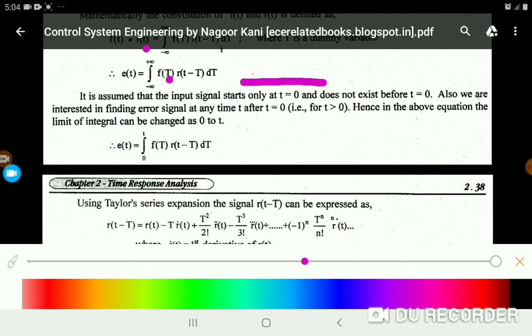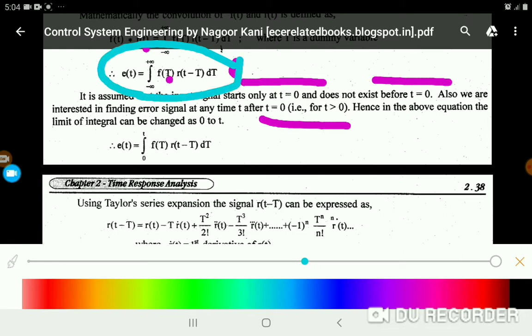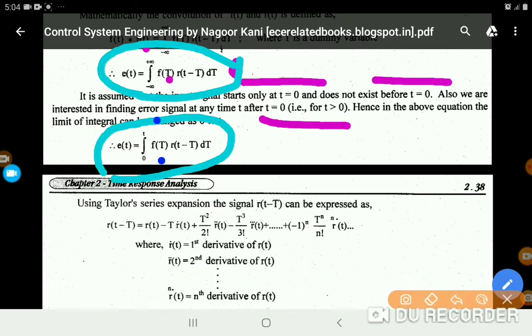It does not exist before 0, not a negative value. Also we are finding the error signal with time greater than 0. By considering these assumptions, our previous expression can be changed to E of t equal to the integral from 0 to t of f of T R of t minus T dT, here T being the dummy variable.